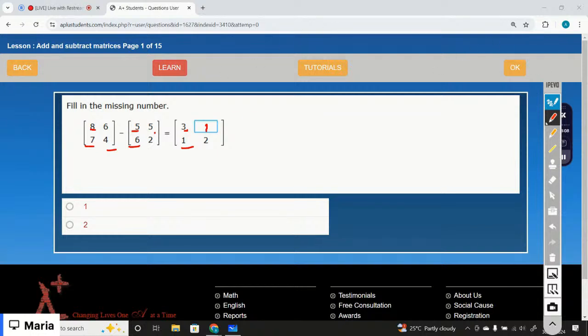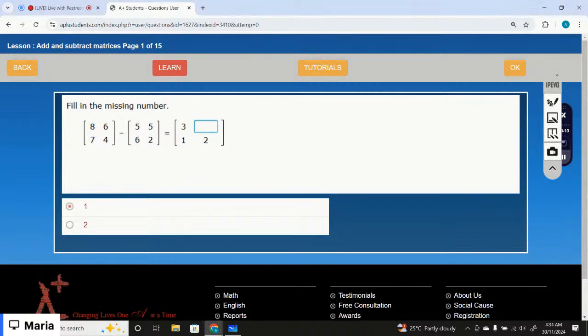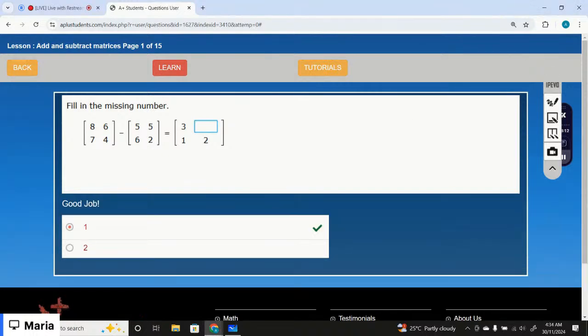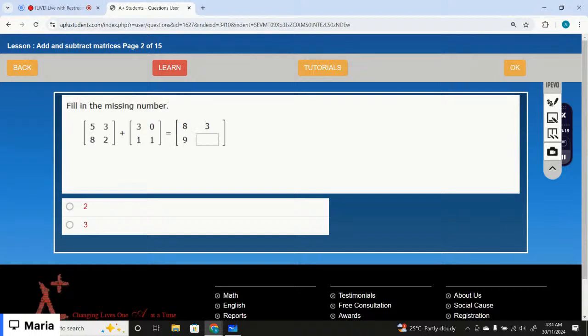Okay, so fill in the missing number. So which number is missing? That is 3.